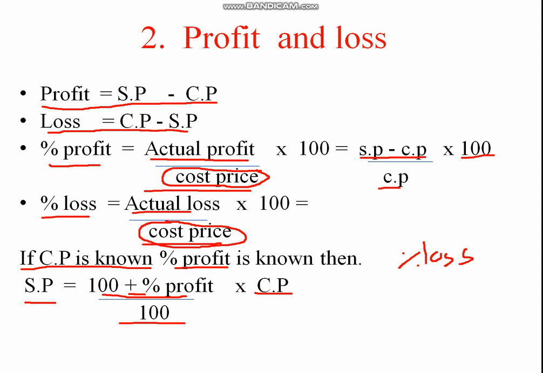In case of loss, remember this: SP is equal to 100 minus percentage loss upon 100 into CP. These are some important formulas to solve problems on profit and loss: when we get a profit, when we get a loss, how to find the percentage profit and how to find the percentage loss.